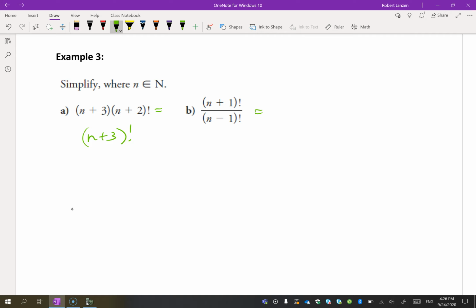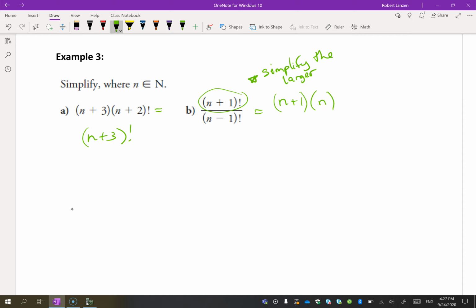Then there's this one. How would I simplify this? I'll give you a little clue. Simplify the bigger of these two, the larger one. What's bigger, n plus 1 or n minus 1? Hopefully it makes sense that n plus 1 is bigger. So let's reduce that. We'll go n plus 1. What's 1 less than n plus 1? n.